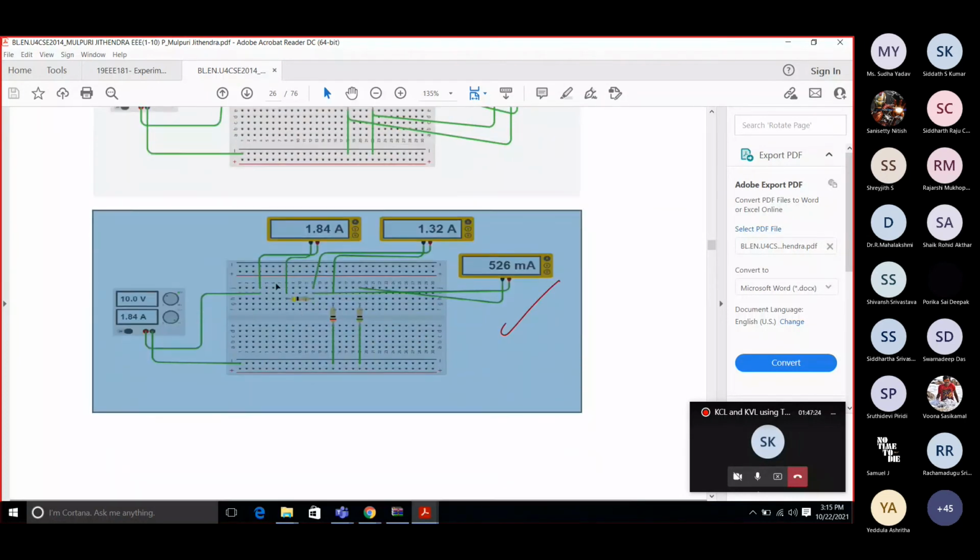And when you are proving KCL, that should also depend on the resistance values you have chosen. In your theoretical calculation, you might have got different values of currents. So that you have to show. Here what you are proving: this current 1.84 is equal to 1.32, this branch current, plus this branch current.